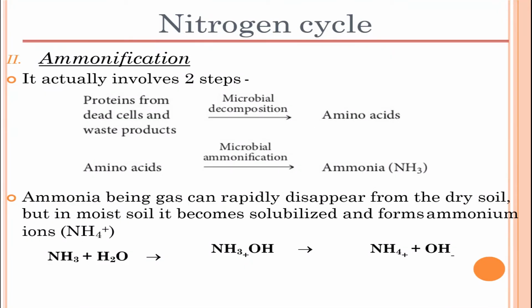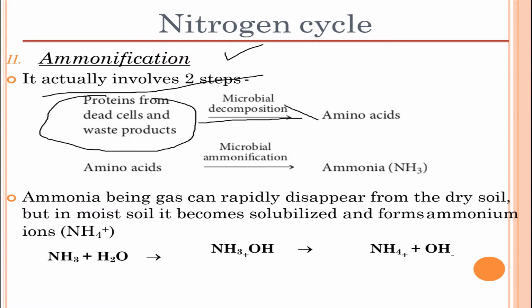So moving on, we have another slide, as you can see on the screen. Ammonification involves two basic steps. Proteins from dead decaying matter and waste products get decomposed to form amino acids.